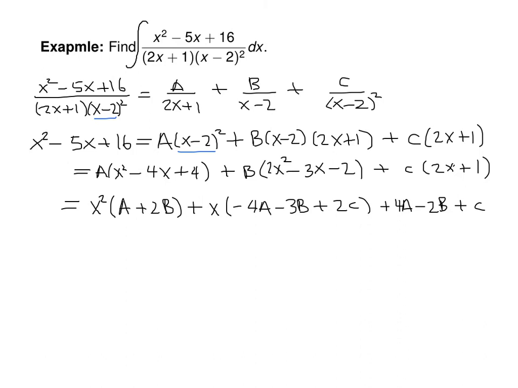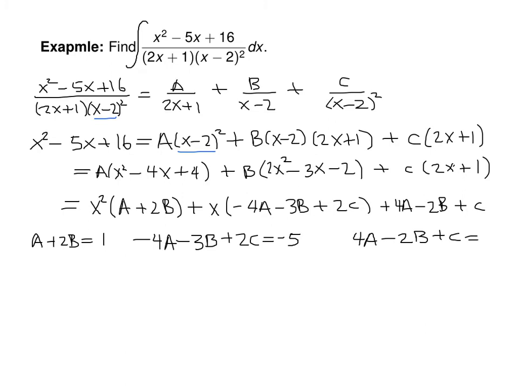Alright, now a plus 2b has to equal 1. Negative 4a minus 3b plus 2c has to equal negative 5. And then lastly, 4a minus 2b plus c has to equal 16.